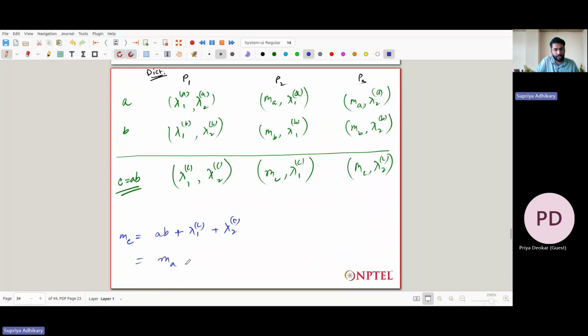Now we can write A as MA minus lambda 1A minus lambda 2A, and similarly for B, plus lambda 1C plus lambda 2C.